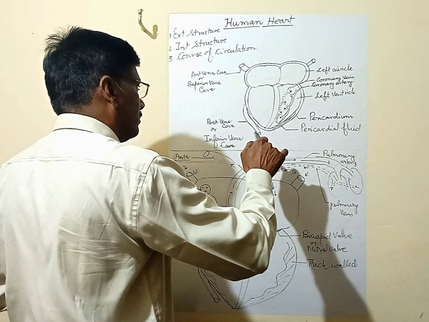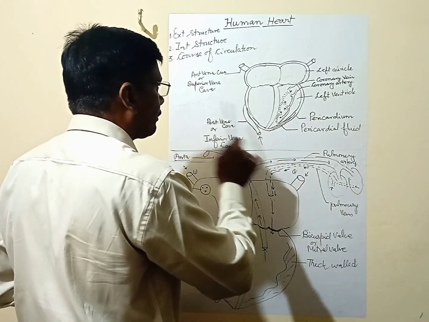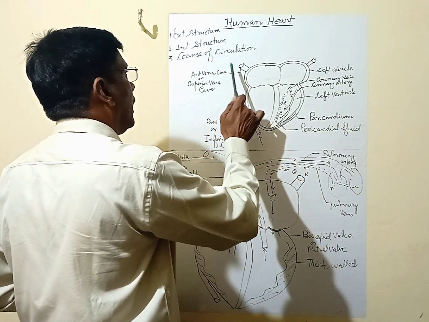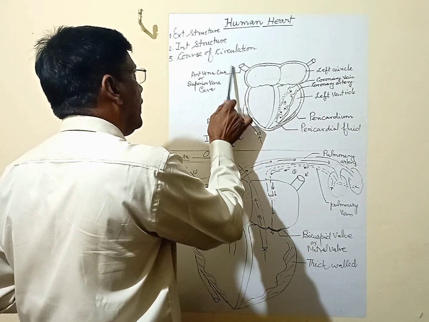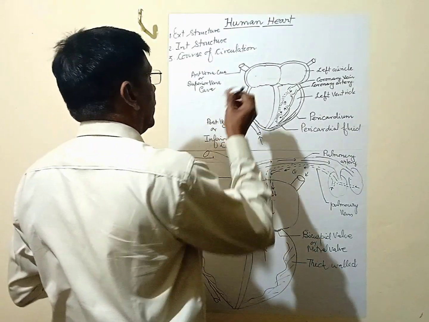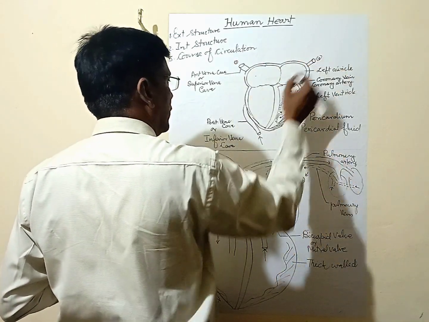One is on the lower side, the ventricle side, and two are on the upper side. I write down the numbers to make it clearer. This is 1, this is 2, this is 3.